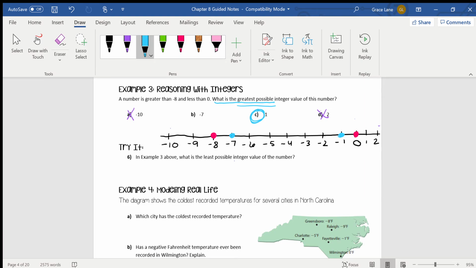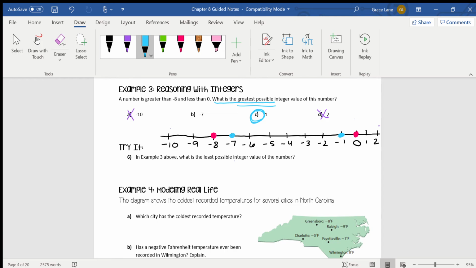There's really only one choice left, but it says in example 3 above, what is the least possible integer value of this number? Again, we already crossed out A and D because those were not within the boundary.